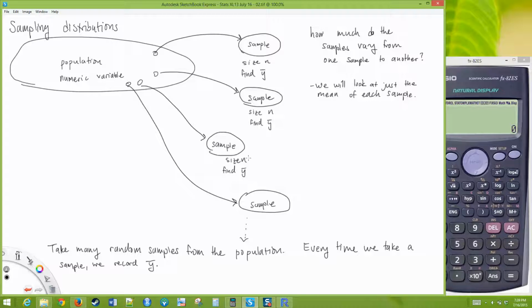At the end of our study, maybe I've taken 10,000 samples, then I would have 10,000 y bars, and we can look at the distribution of y bars.